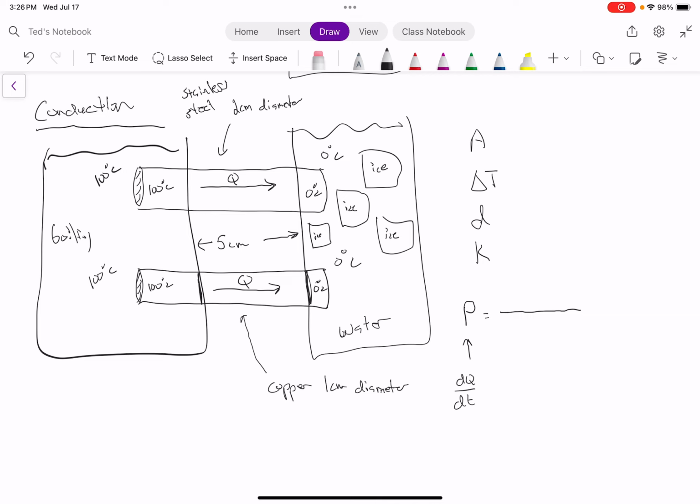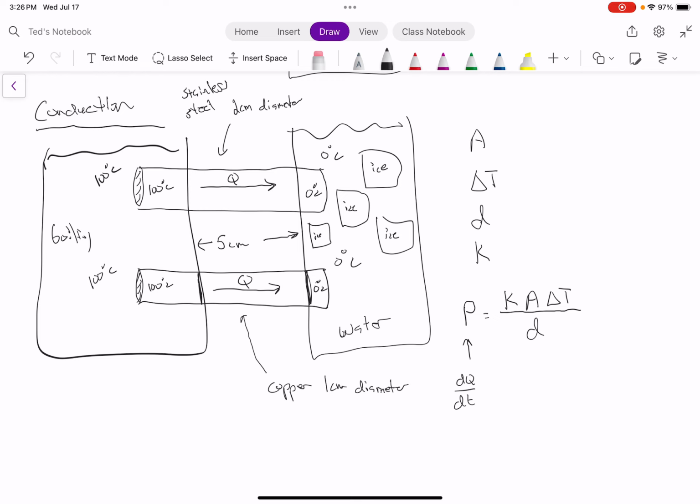Okay, and so a larger area should make for more heat transfer, so we're going to put area in the numerator. A larger delta T would make for more heat transfer, so we're going to put delta T in the numerator. A larger distance would make for less heat transfer, so we're going to put D in the denominator. And then where we put K just depends on how K is defined. K is thermal conductivity, meaning the bigger the number K is, the more heat flows through the object. So K goes in the numerator.